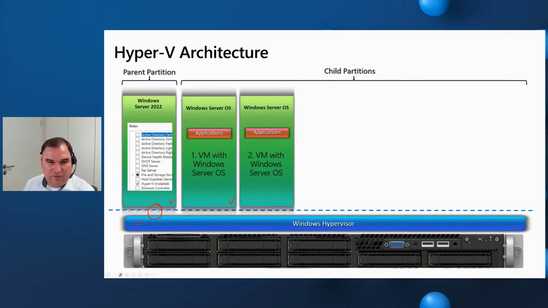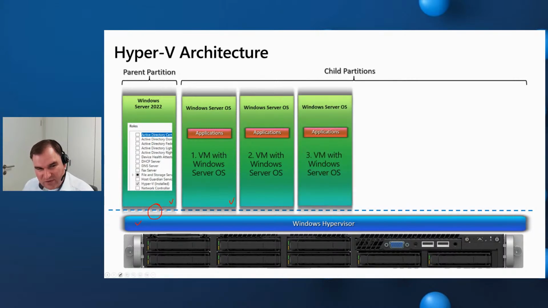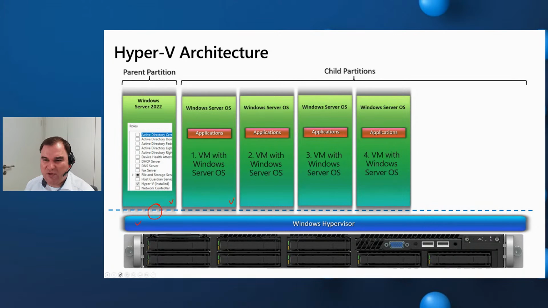In Standard, we have to cover each CPU core in the server with a license, and there we have 2 virtual usage rights. When we stack Standard licenses, this means we license again all the cores in the server with Windows Server Standard, minimum 16 cores.